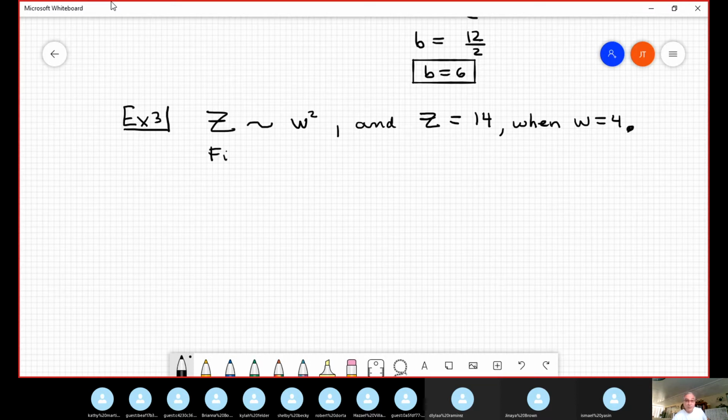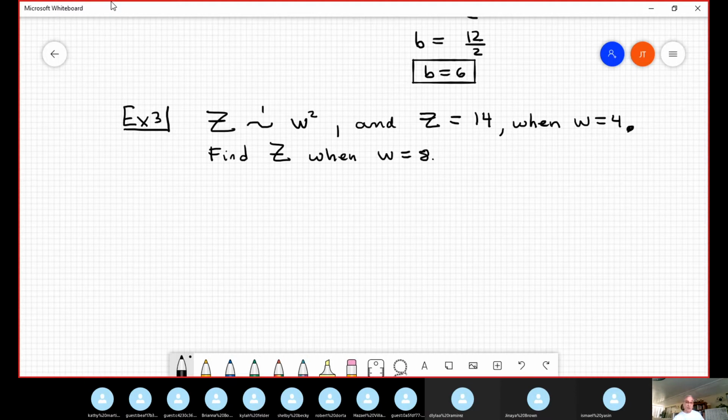Find capital Z when W is A. Okay? So it is directly proportional.